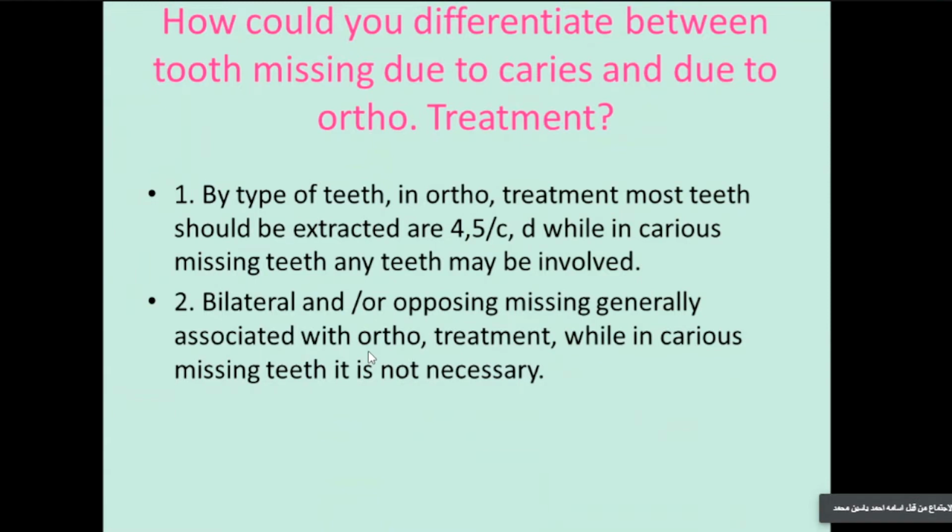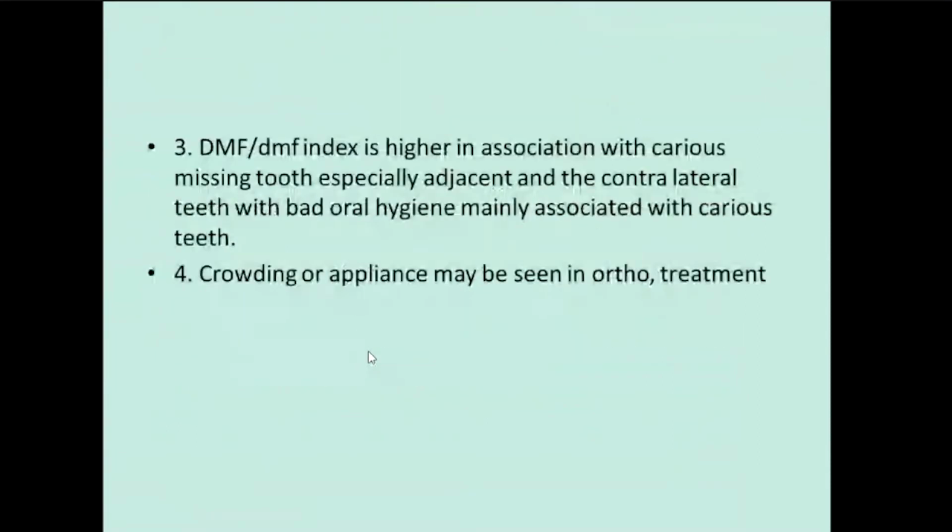Orthodontic treatment mostly involves extracting 4s and 5s, so missing 4s and 5s is mostly ortho, not always, since sometimes congenital missing happens in the premolars. Also bilateral or opposing missing teeth are generally associated with ortho, while in caries it is mostly unilateral. So the DMF is higher in association with caries missing teeth, especially adjacent and contralateral teeth, with bad oral hygiene.